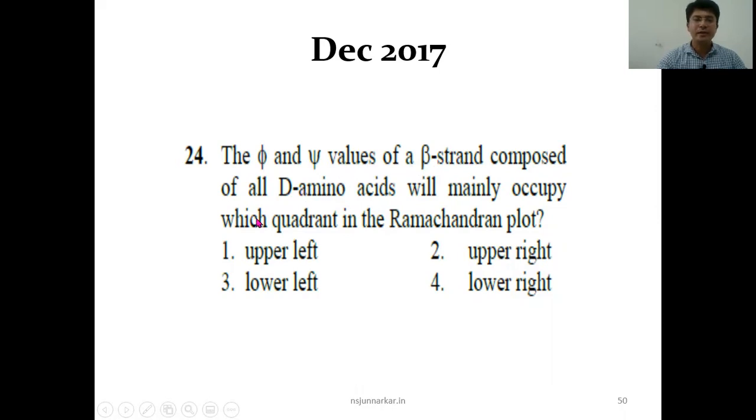So lower right is the correct quadrant for the phi and psi values in beta strands consisting of D amino acids. So lower right is the correct option.